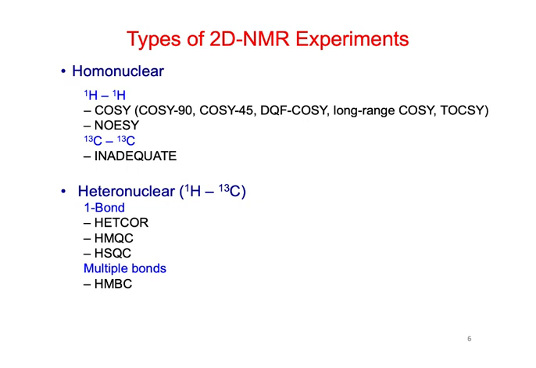So we are going to split our experiments into two categories. The first category is called homonuclear. So we're going to see coupling between two of the same type of nucleus.